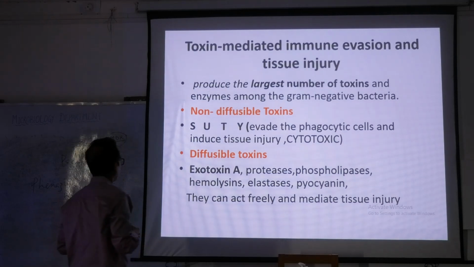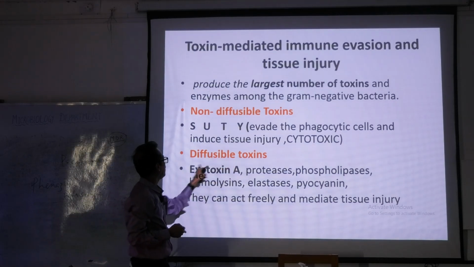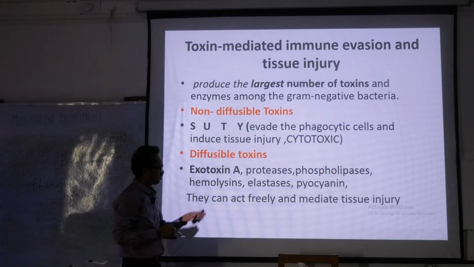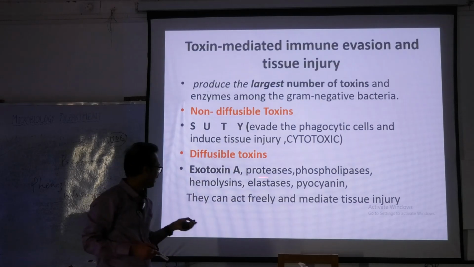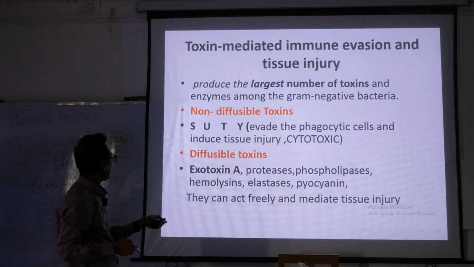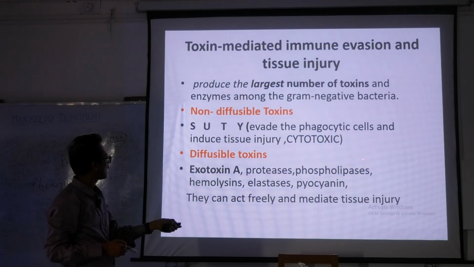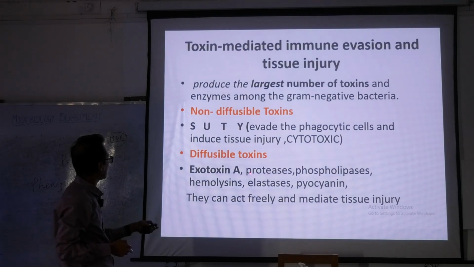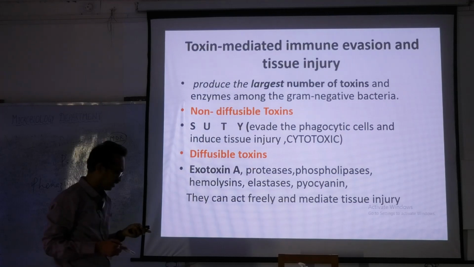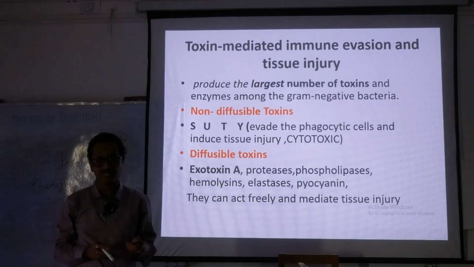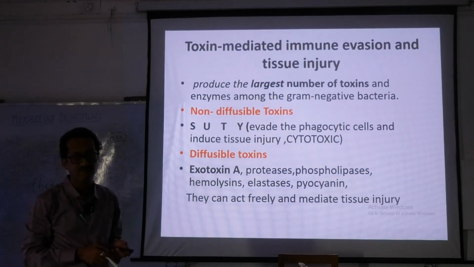What are the diffusible toxins? Exotoxin A, which is the most important toxin for Pseudomonas. Other enzymes are proteases, phospholipases, hemolysin, elastase and pyocyanin. Now exotoxin A, what is the mechanism of action? Can anybody tell?